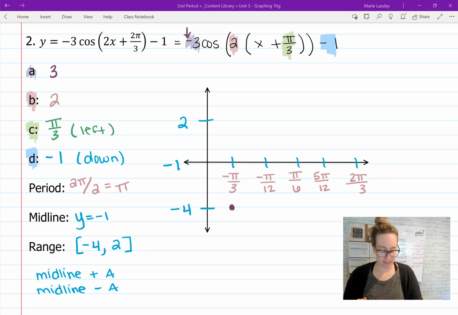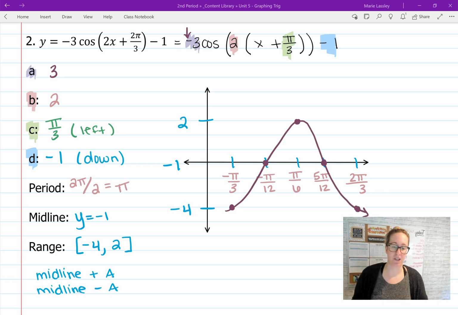Then I'm going to go to 0, then up to my max, then back to 0, and then down to the minimum again. Then I'm going to connect my dots, and I'll leave a little space on the ends to do my arrows. All right, and there's my cosine graph.